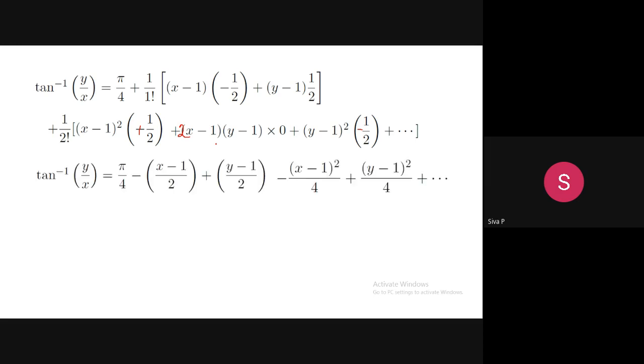So the final answer is pi by 4 minus x minus 1 by 2 plus y minus 1 by 2 and then plus x minus 1 whole square by 4 minus y minus 1 whole square by 4.